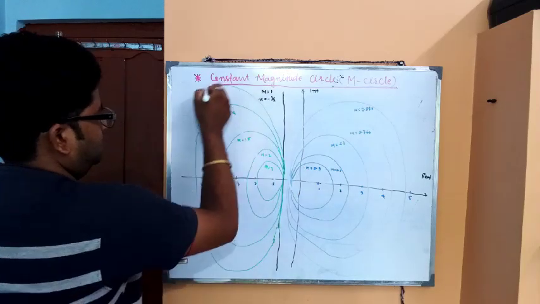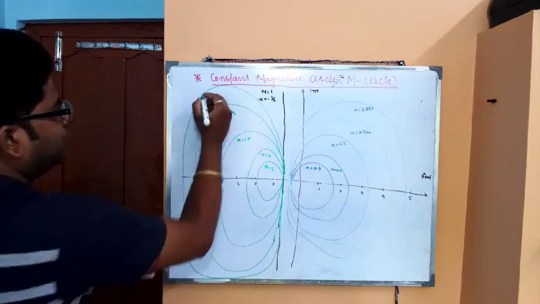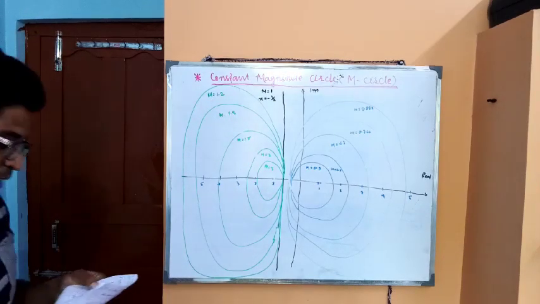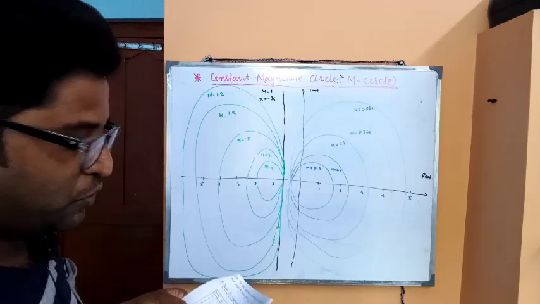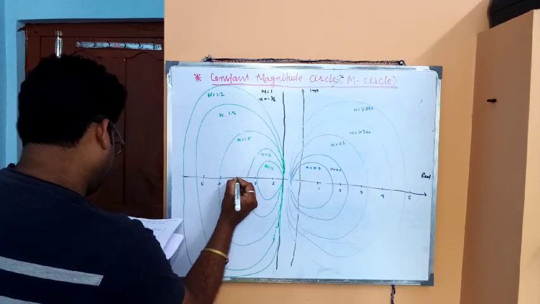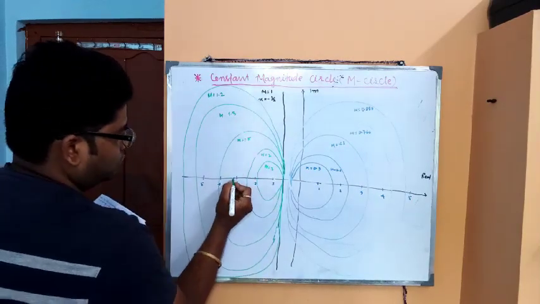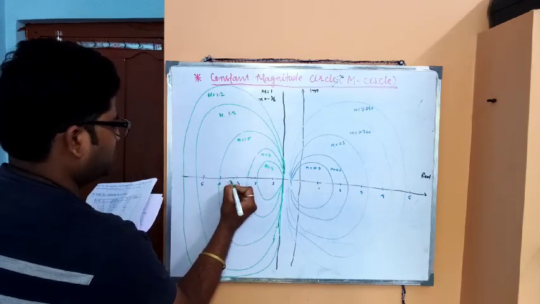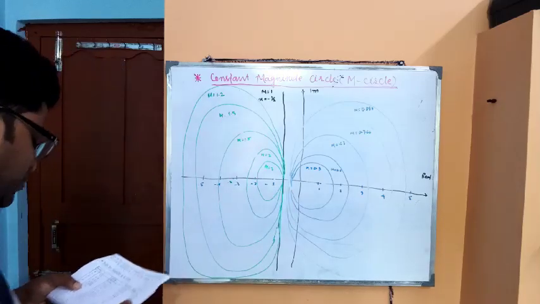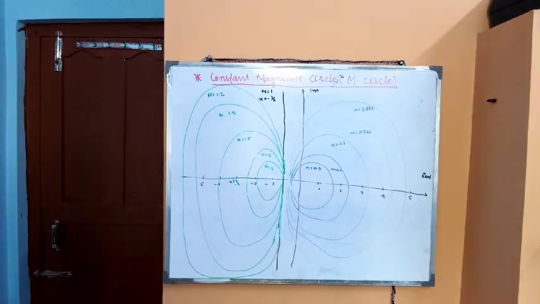Similarly, this one is for M equal to 1.2. With respect to M equal to 1.2, we have the coordinate minus 3.27, 0. So the center of the outermost circle will be at minus 3.27 along the x-axis, with y equal to 0.